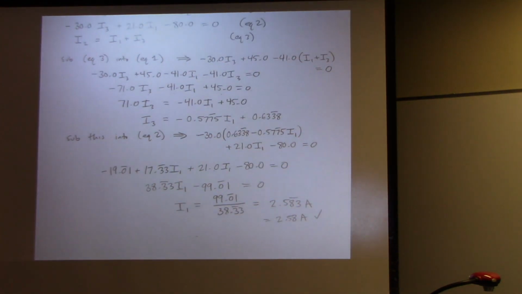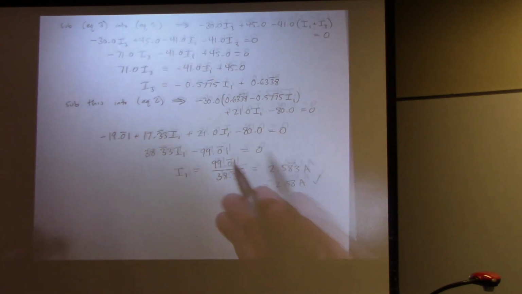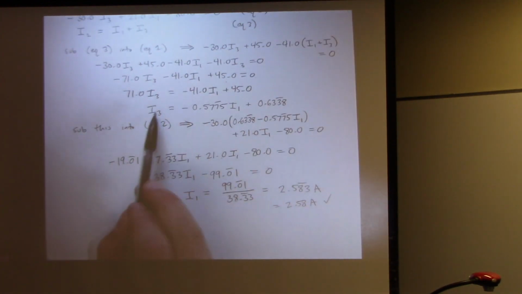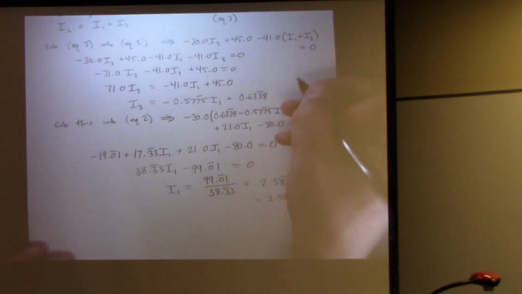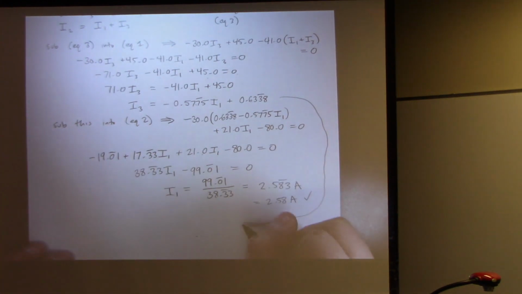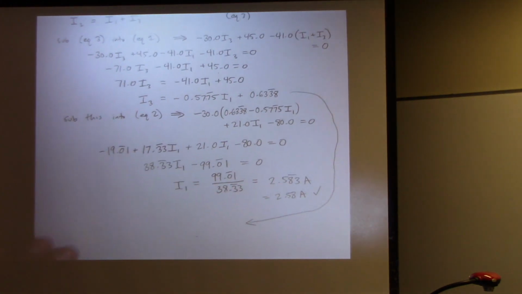Okay, so now that we have one current, the rest of them just sort of fall in line, because if we have I1 using this result right here, so I'll draw a little arrow showing we're using this result. Just plug in I1 and you get out I3.